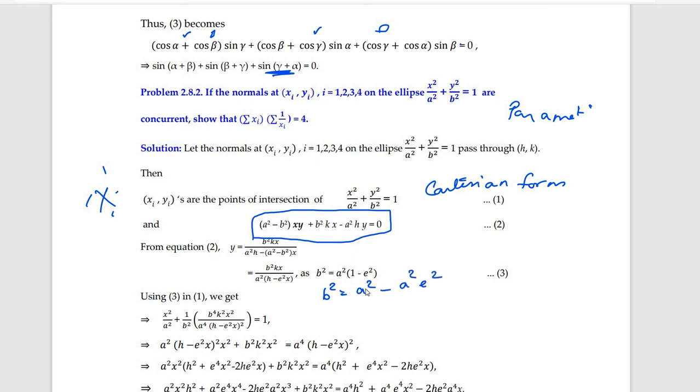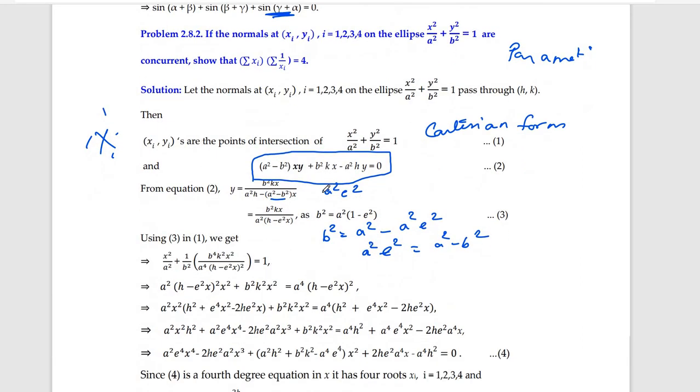So a square minus b square can be replaced by a square e square. But already one a square is there. Taking that out, you have h minus e square x. So that is your equation 3.